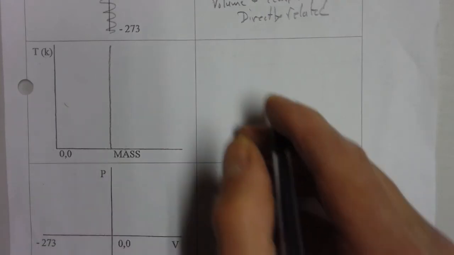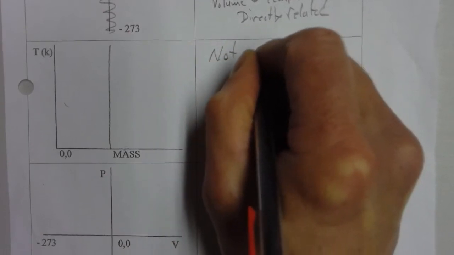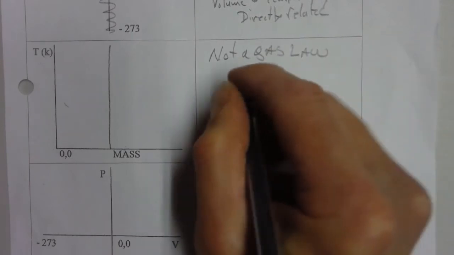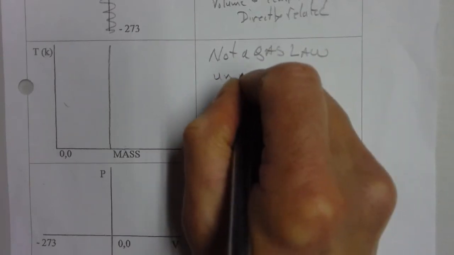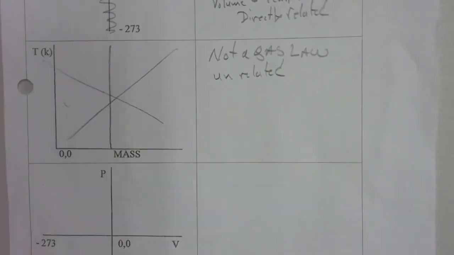So these are unrelated, not a gas law. So we don't got to worry about that graph at all. If you see a temperature-mass graph on a test as a choice, not the right choice.